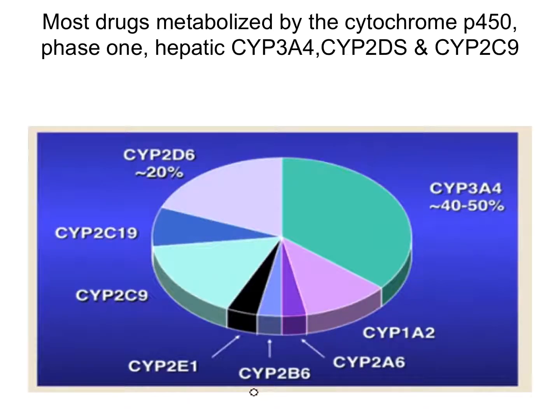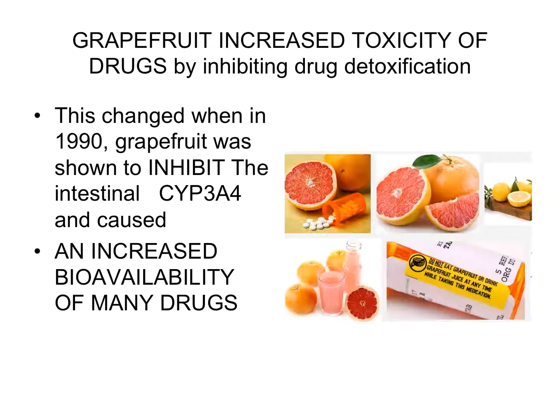Most drugs are metabolized by CYP3A4, that's the big one, 40 to 50%. So we want to pay attention to that. Also, the 2D6 and the 2C9. So that's a nice pie graph that I usually have by my desk so I can look up these different drugs and find out how they're metabolized.